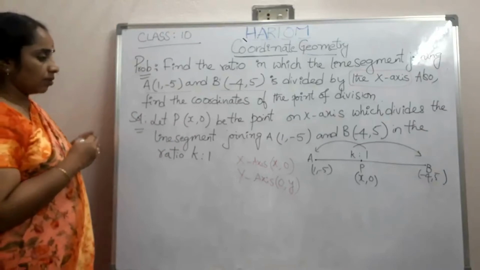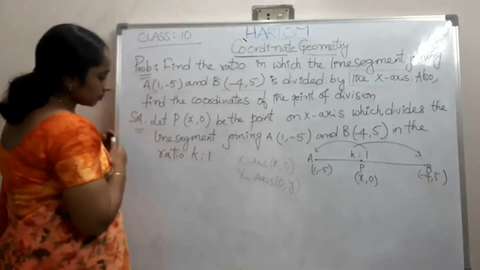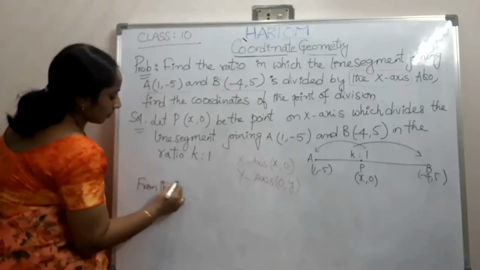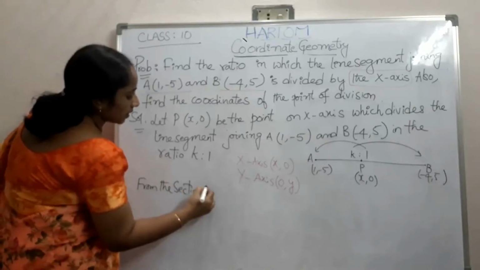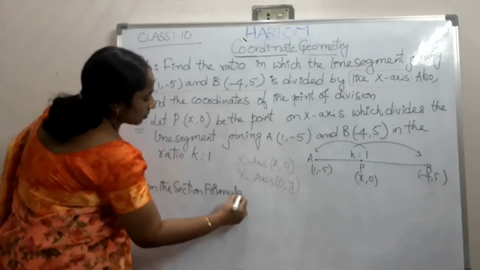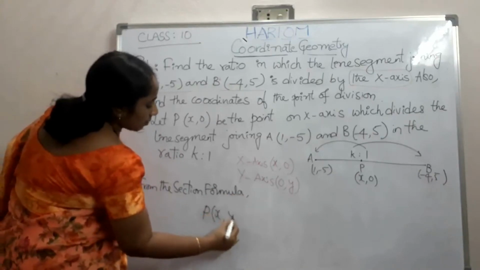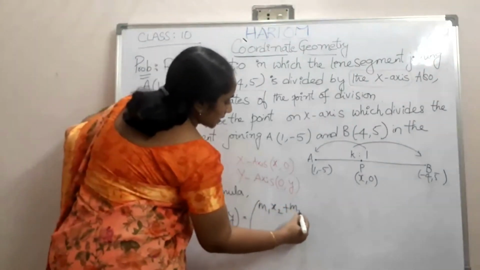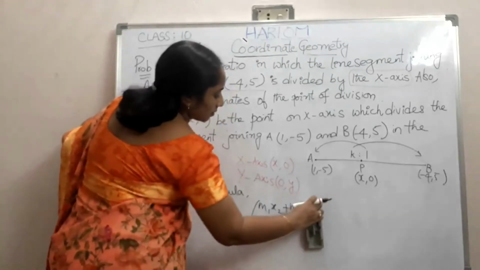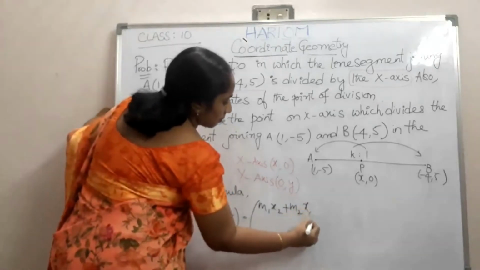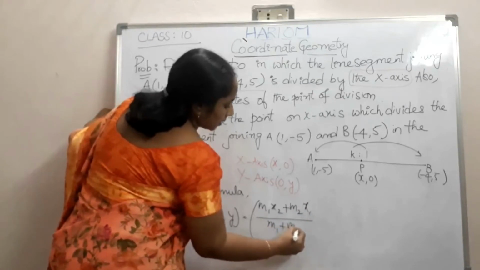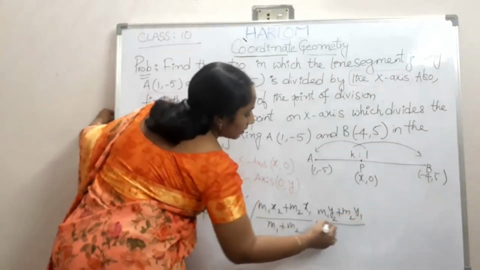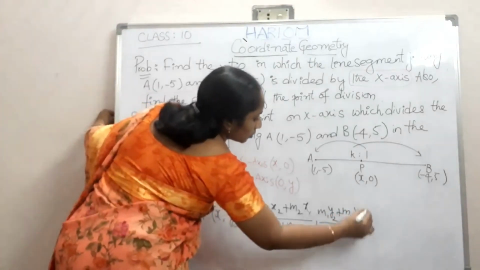So now we know from our section formula, we have P of x comma y is equal to m1 x2 plus m2 x1 by m1 plus m2, m1 y2 plus m2 y1 by m1 plus m2.